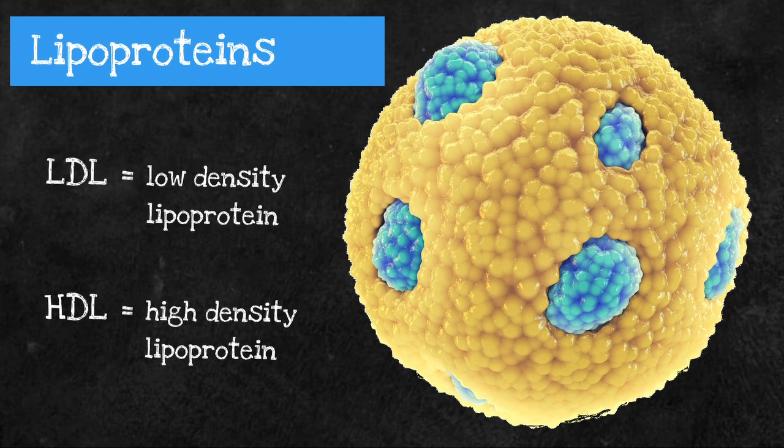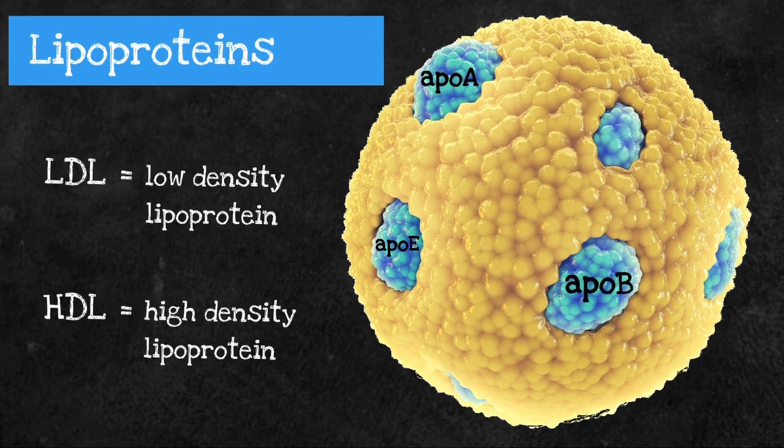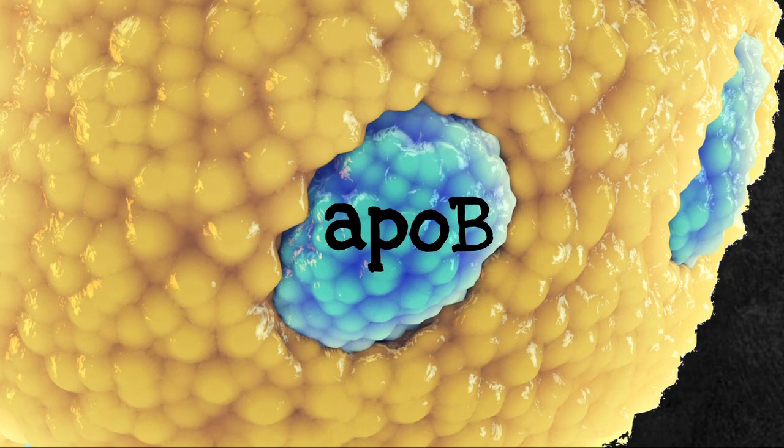Each one of these proteins serves a different function, and over the years we've identified, categorized and named them. ApoB in particular is a very useful biomarker because there is one and only one of these ApoB proteins on the surface of every particle in the LDL family.